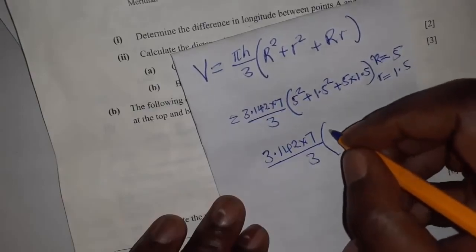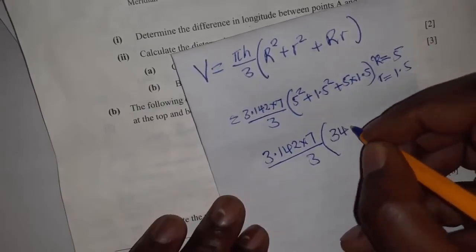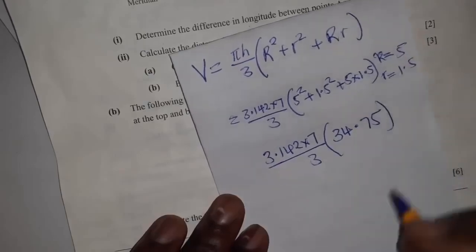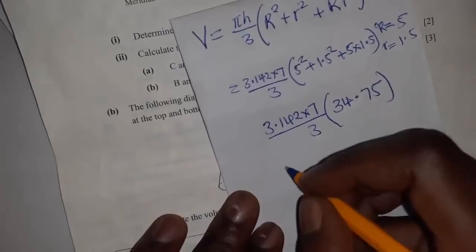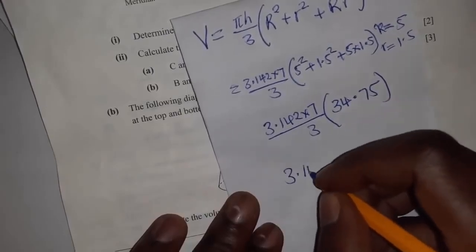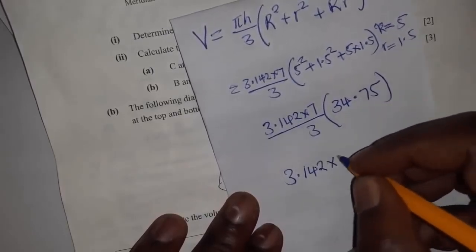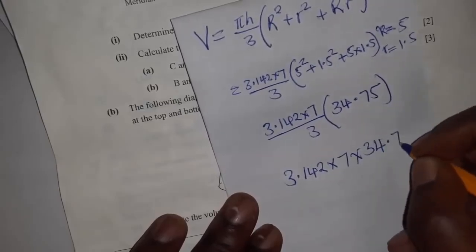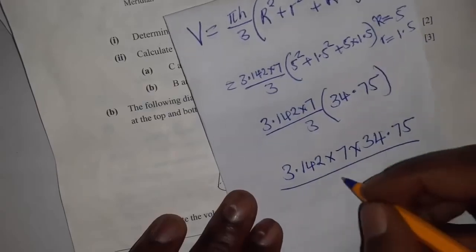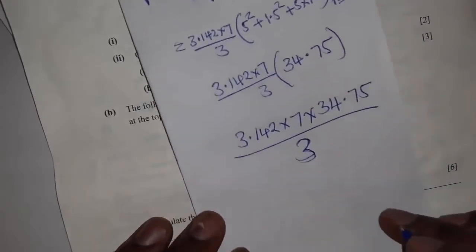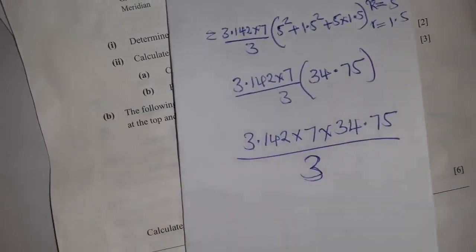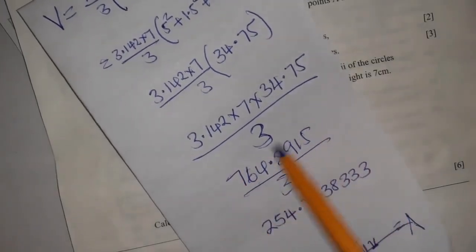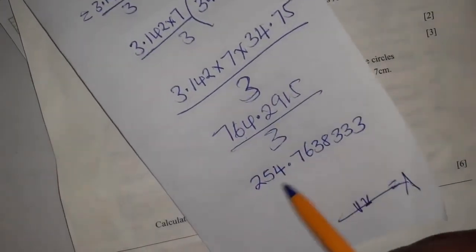This is going to give us 34.75 here. So we can go further and say 3.142 multiplied by 7 multiplied by 34.75 divided by 3. What do we get? Let's get assistance from the calculator. When you multiply these ones, they'll give you this. When you divide by 3, this is what you're going to get.